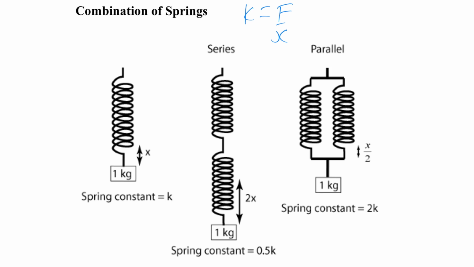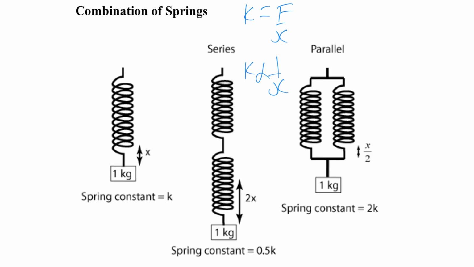Since I'm applying the same load here as here, so the force is constant, so my K will be inversely proportional to the X. So therefore, from X double to 2X, since your K is inversely proportional, the K will become half K. Do you understand that? So you can find the combined spring constant easily by always finding the total extension first. Then you inverse it to get your new spring constant.